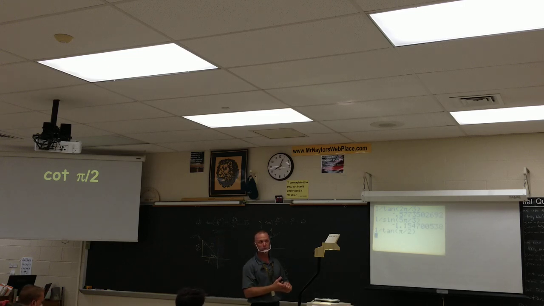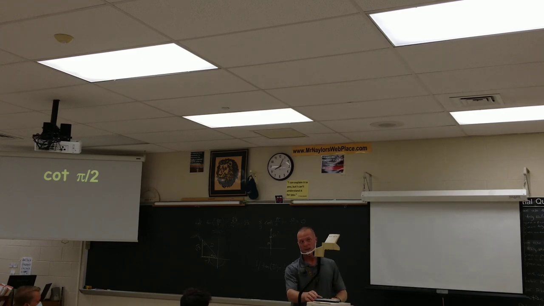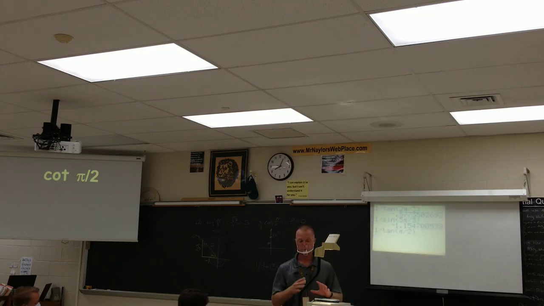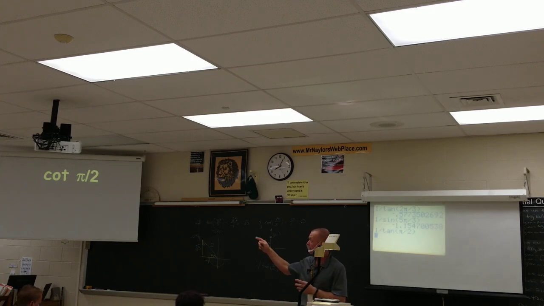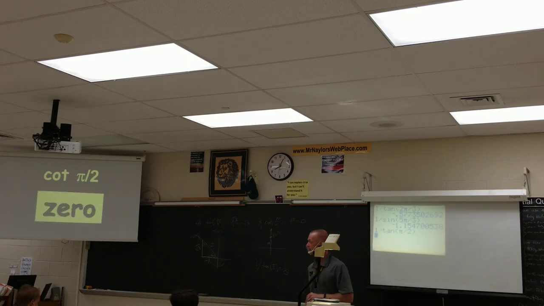So if you're doing one of those, you might want to just turn the calculator off and do it by hand. Sometimes it'll work, sometimes it won't, because it depends on where the 0 is. So the right answer to this problem, just to be clear, would be 0.